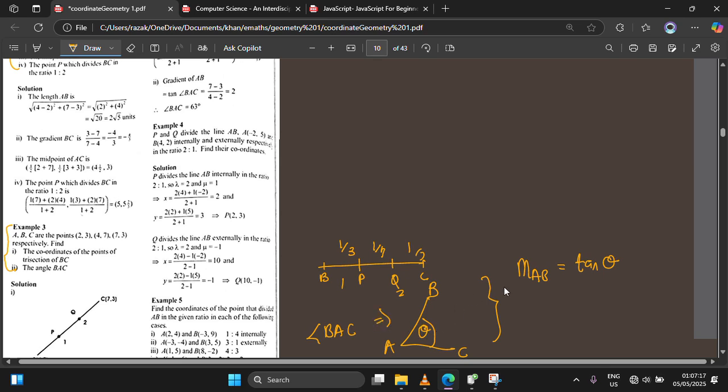So the gradient of AB will be given by 7 minus 3 over 4 minus 2. This is equal to tan theta. So this is 2, so tan theta is equal to 2. Theta is equal to tan inverse of 2. So we have 60 degrees. So that is the answer here.